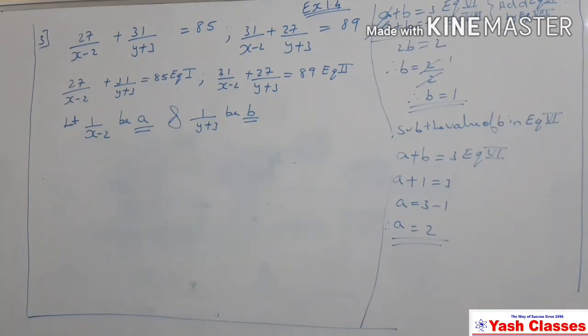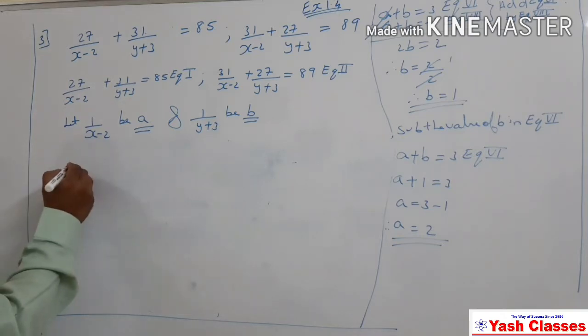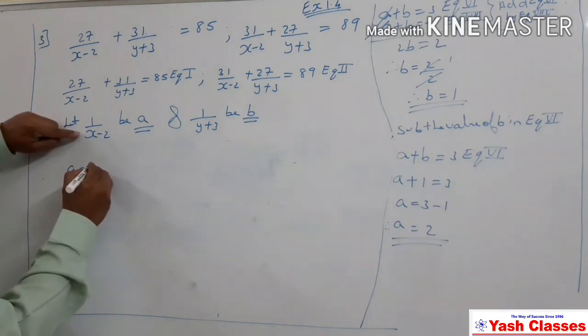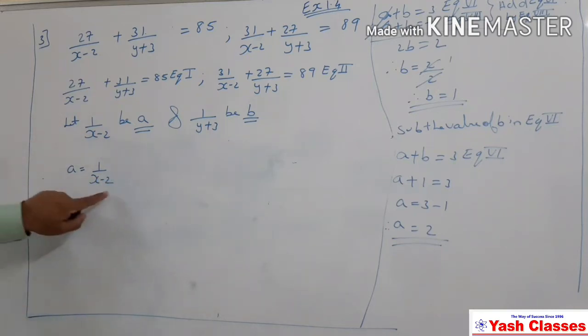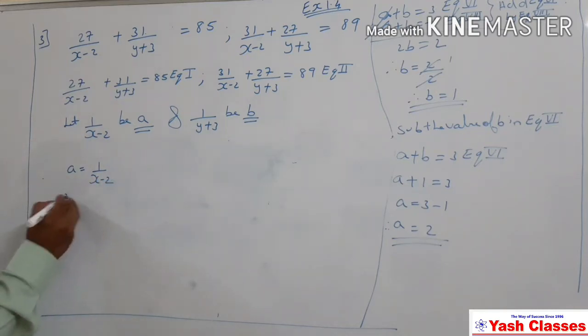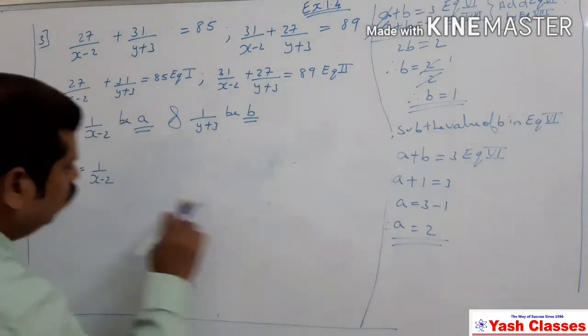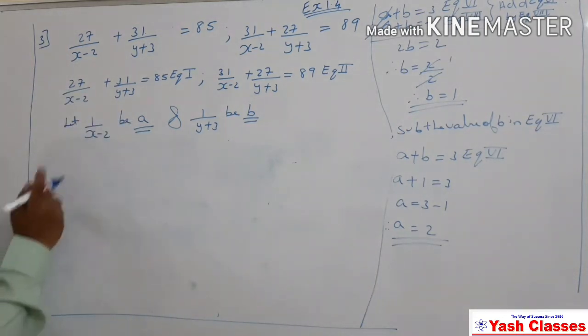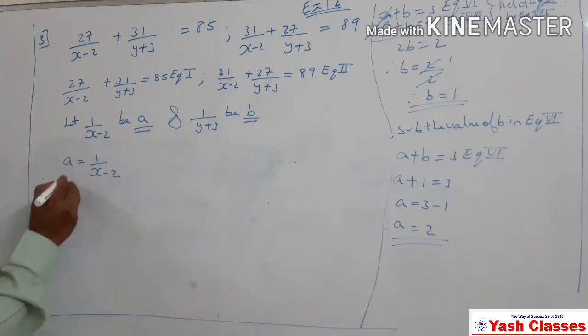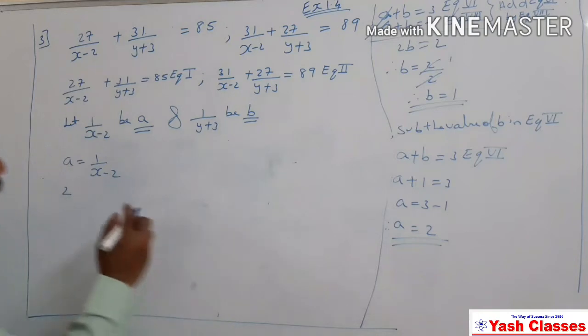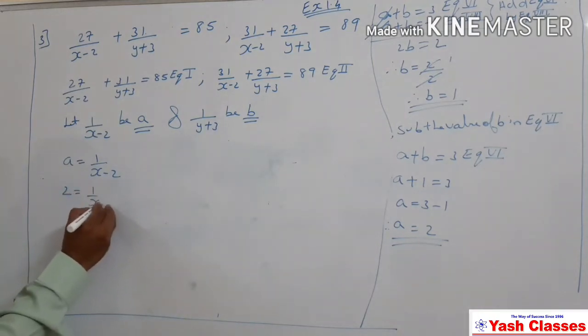Now again you have to substitute the value of A and B. A is equal to 1 upon x minus 2, and A we got is 2. So 2 is equal to 1 upon x minus 2.